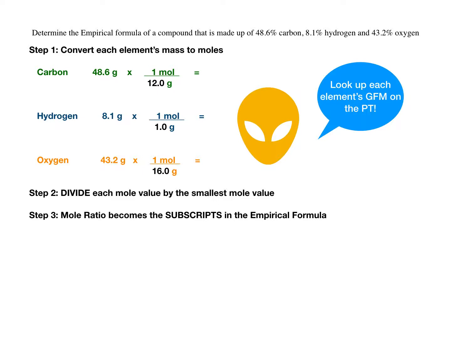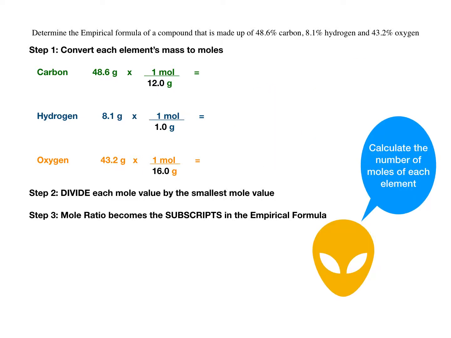So each element has a unique GFM compared to all others. Once we have those values, simply get out your calculator and start the math. Remember, we multiply all numbers across the top, divide by any numbers down below. We do the same math with units. You'll notice we have grams times moles divided by grams, which leads to the grams reducing to 1, left with a unit of moles.